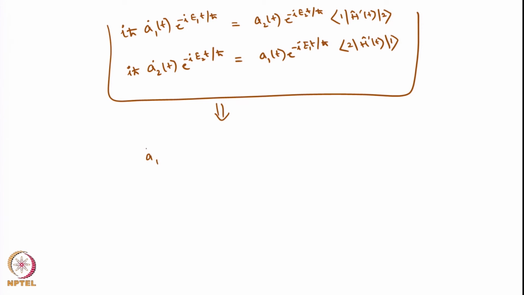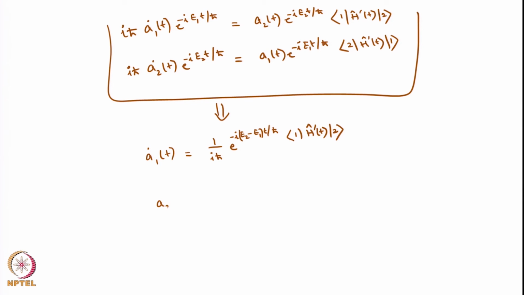So A1 dot t equals, the i h bar I can take on the other side, so it becomes 1 over i h bar, e to the power of E1 t by h bar, which I will take to the other side, so that will become e to the power of minus i (E2 minus E1) t by h bar <1|H prime of t|2>.